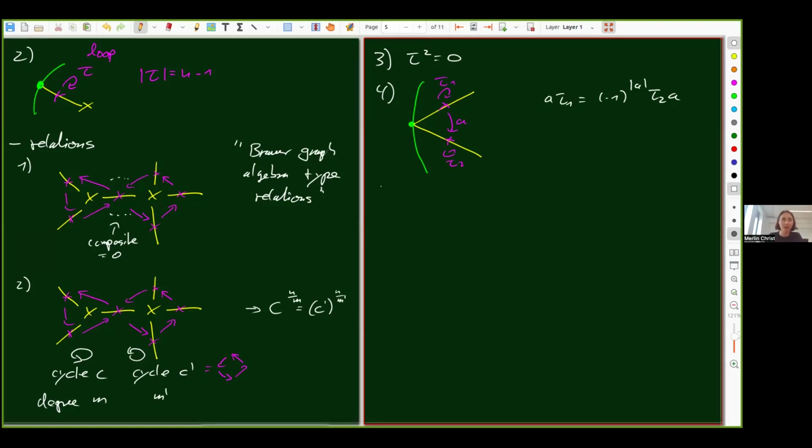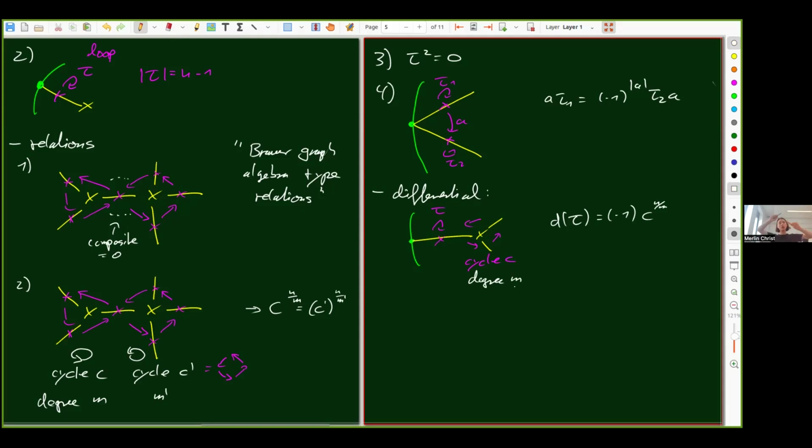The final thing, which is very easy to say, is the differential. Because there's only one type of generator that has non-trivial differential. If you have a boundary component like this, and here you have your cycle c, and here you have tau, then the differential of tau will be c to the n divided by m, where c has degree m.